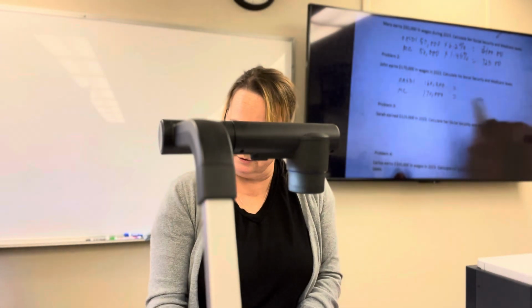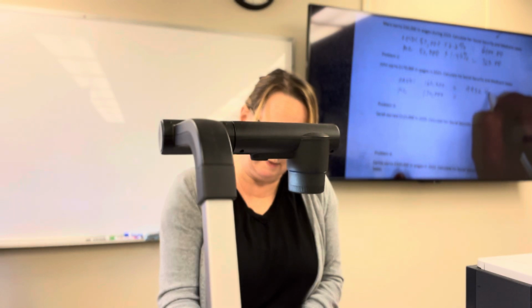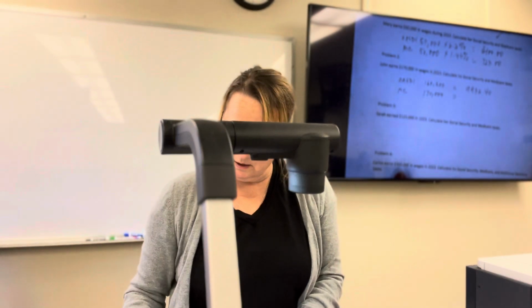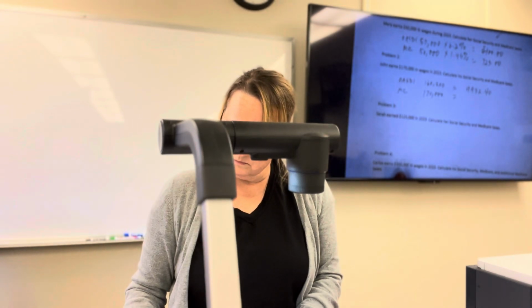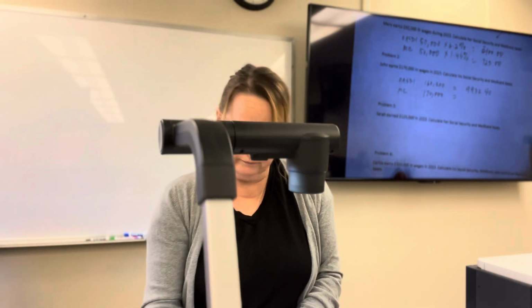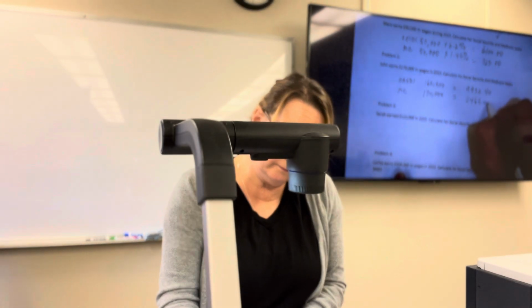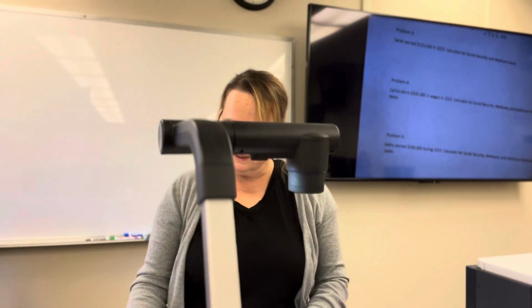So 9,932.40, which is the maximum amount for 2023 that any individual is going to pay in Social Security taxes. And then 170,000 for the Medicare, 2,465. That's what I get too. All right, perfect.